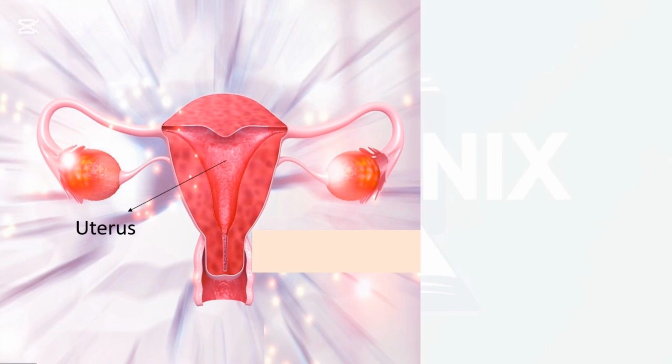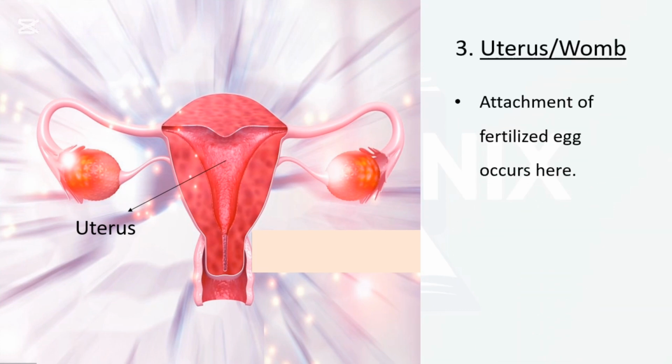The third part, it is the uterus. Uterus is also known as the womb. This one, it provides attachment of fertilized egg. So remember, we said the egg is produced at the ovary, and then it moves to the oviduct. This is where fertilization takes place in case there is sexual intercourse.